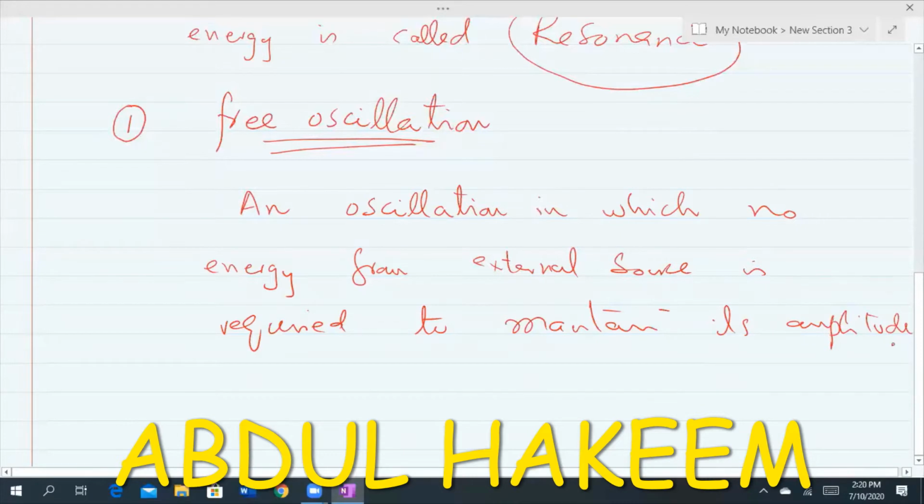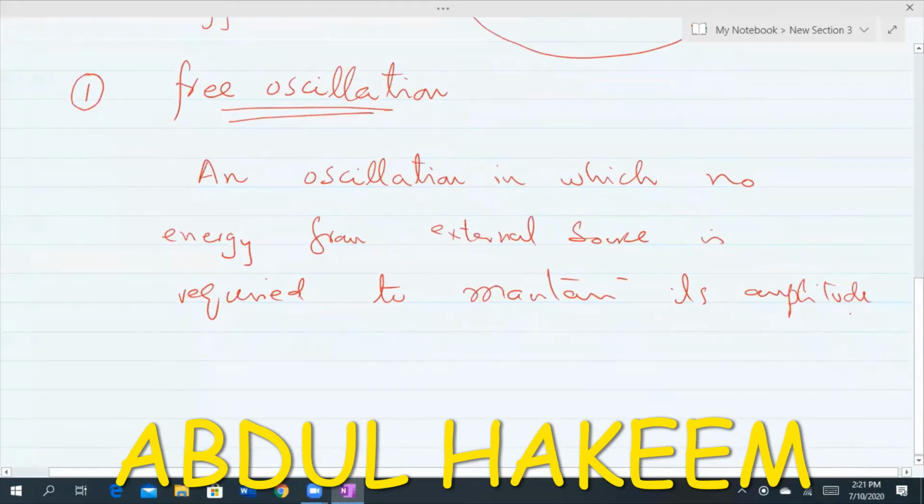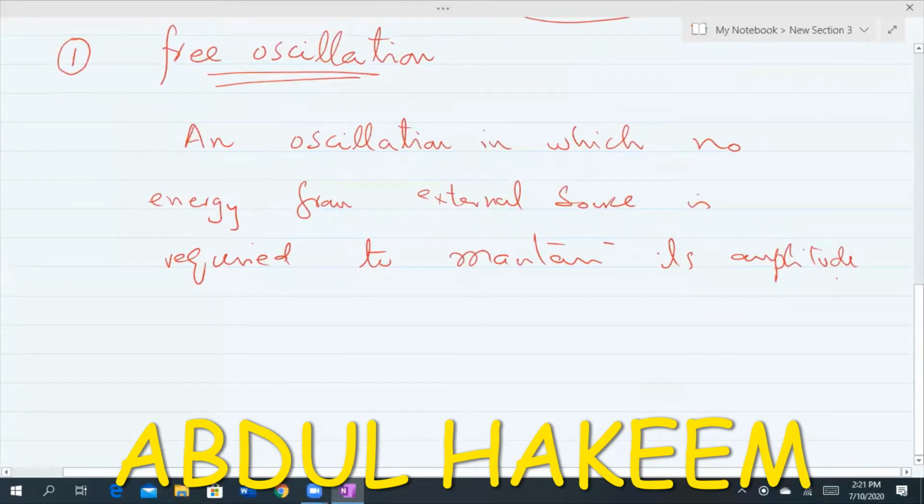Yes, energy is required, but no energy from the external source is required to maintain its amplitude. It does not gain any energy from the external source to maintain its amplitude. So this is called free oscillation, or a free oscillating system.